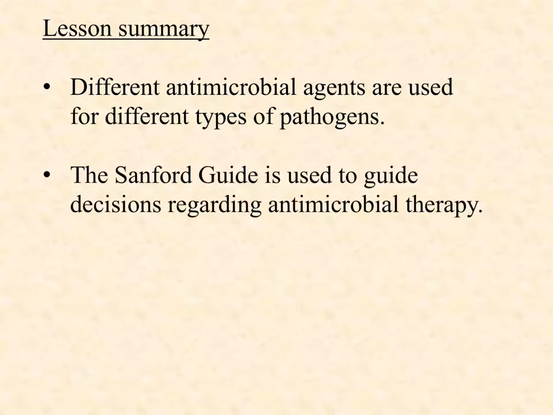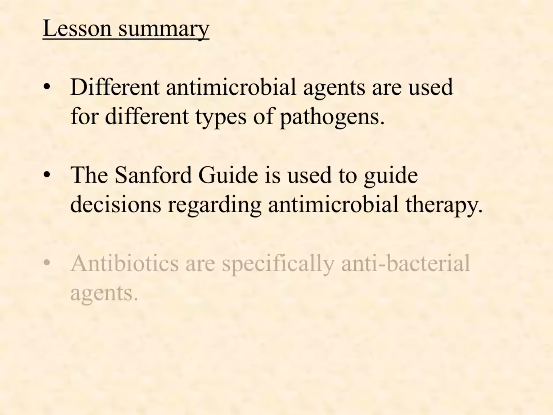The Sanford guide is used most commonly to guide our decisions regarding antimicrobial chemotherapy. And then it's important for you to remember that antibiotics are specifically antibacterial agents. Make sure that's real clear to you, and as an educator of your patients, make sure your patients understand that.